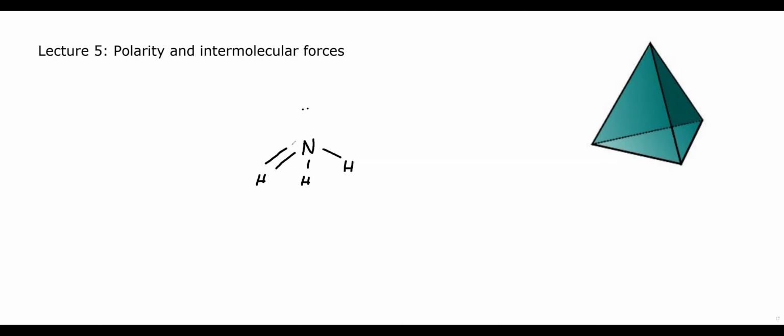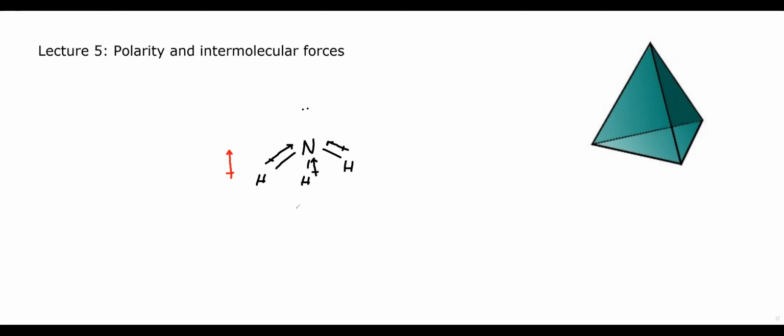If we draw dipole arrows here, 1, 2, and 3, what's the net dipole of just these 3 arrows? It would be straight up. It's the average of these 3 vectors. All of them are pointing upwards, and they're all pointing in towards each other.